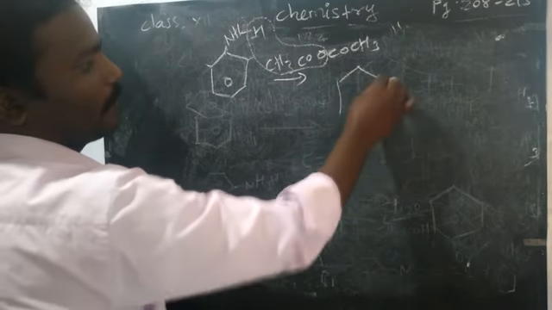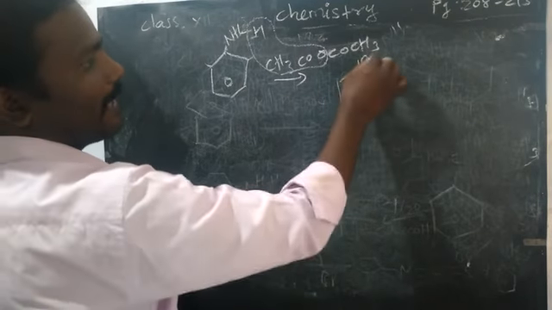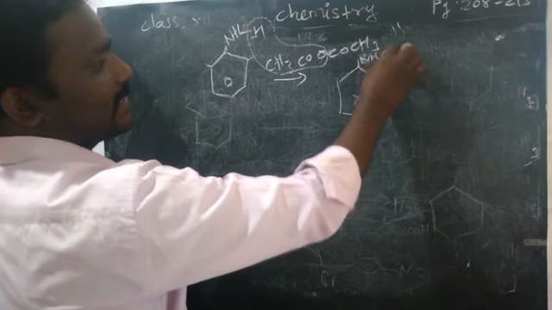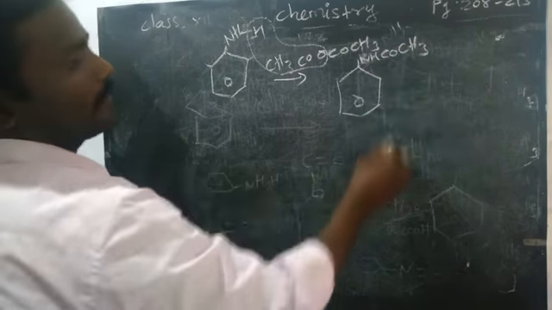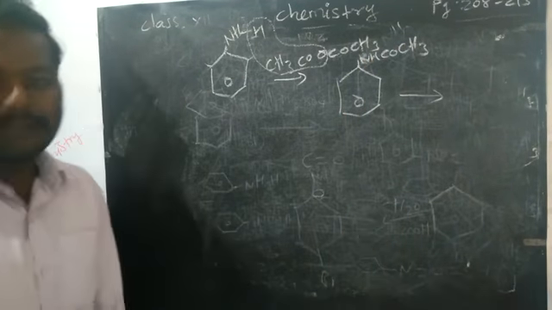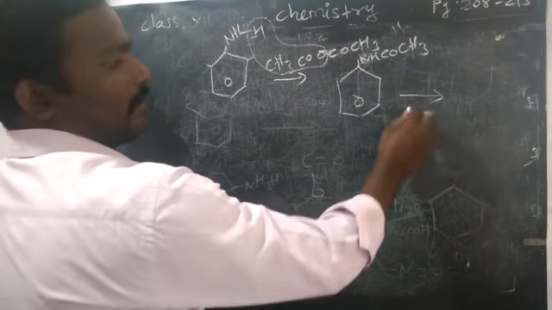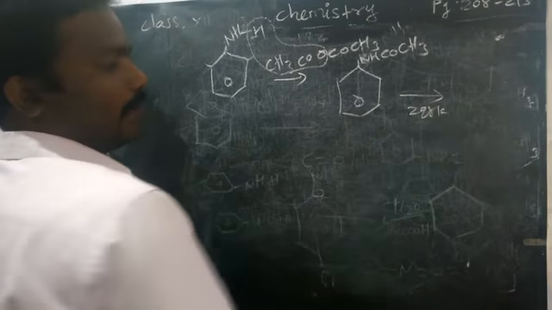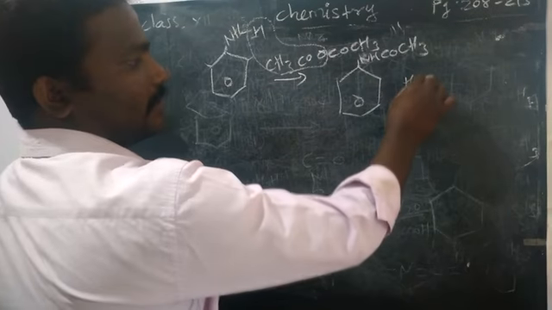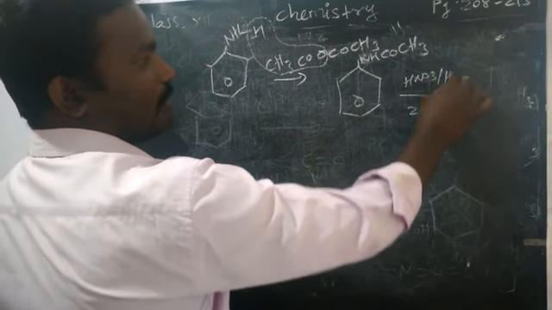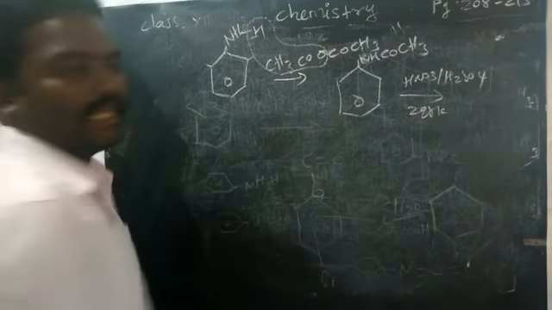The COCH3 group will deactivate the lone pair of electrons, giving NHCOCH3. Now you can nitrate using nitrating mixture. Which one is called nitrating mixture? At a temperature of 298 Kelvin, HNO3 as well as H2SO4 is called nitrating mixture.